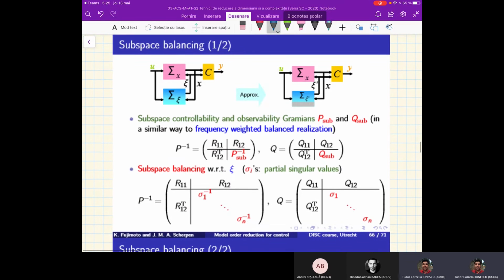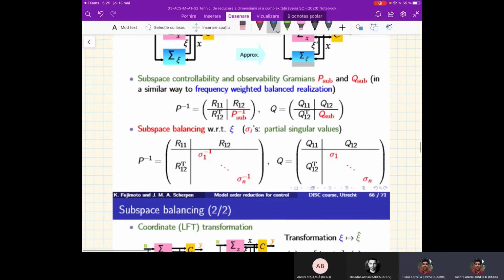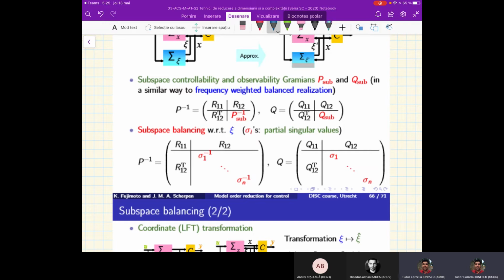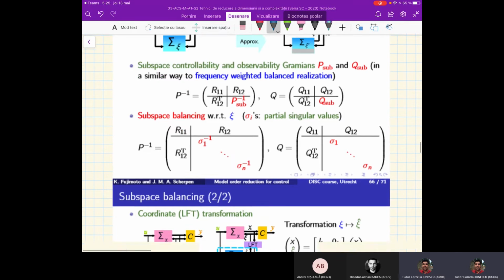We also have subspace balancing, and again, this is related to closed loop balancing. We can have subspace controllability and observability Gramians, P sub and Q sub. They are similar to frequency weighted balanced truncation. With subspace balancing, we get the so-called partial singular values.